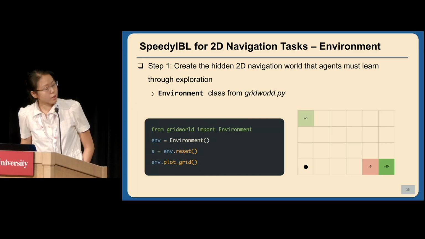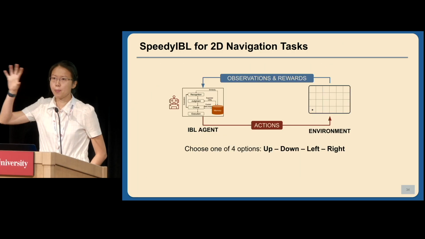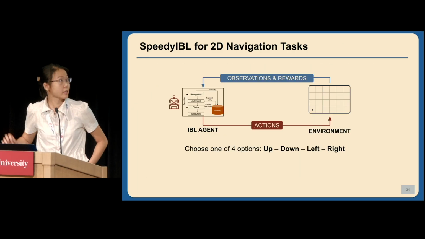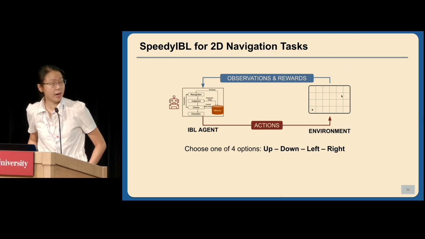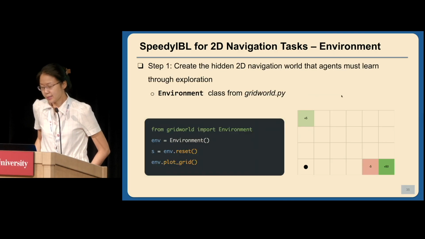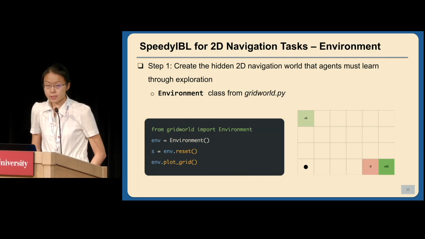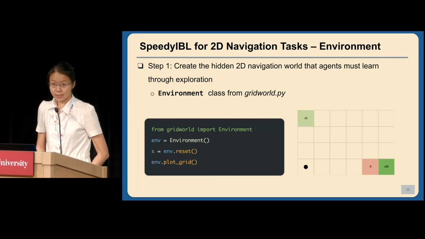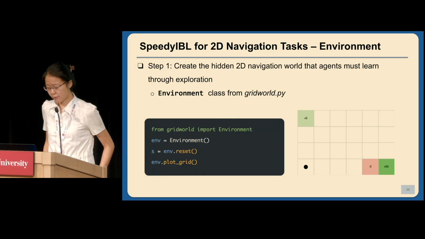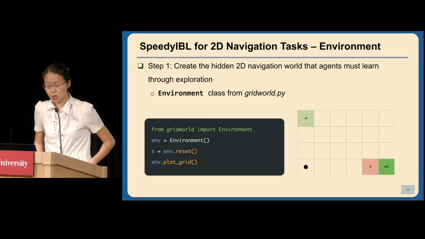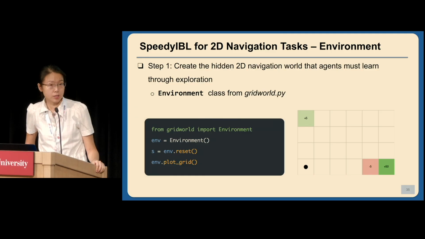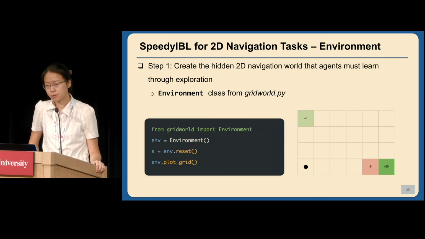So there are 2 components that you can see here. The first one is the environment. The environment is usually provided to you, and in this example it is a hidden 2D navigation task where the agent learns through interaction and exploration of the environment.